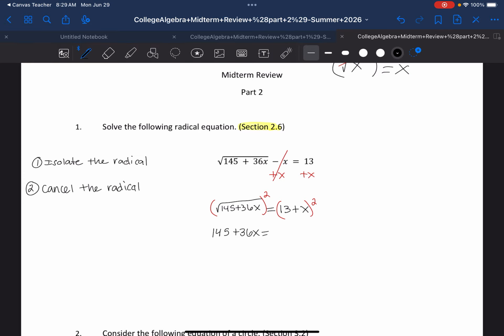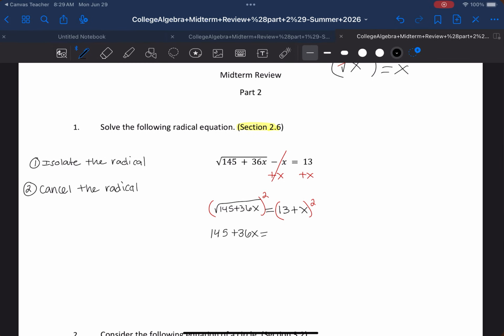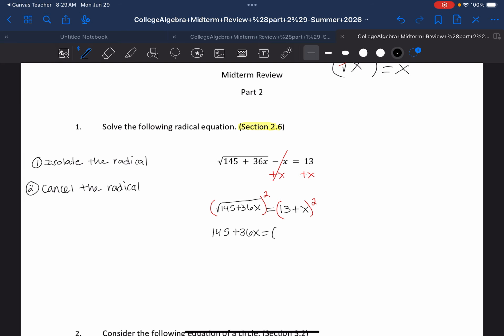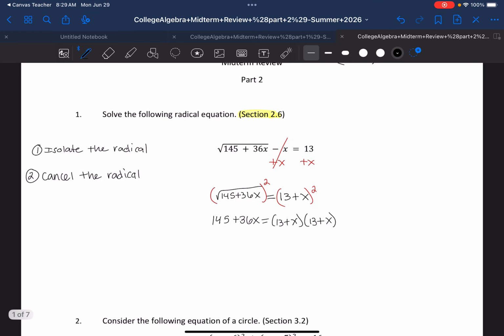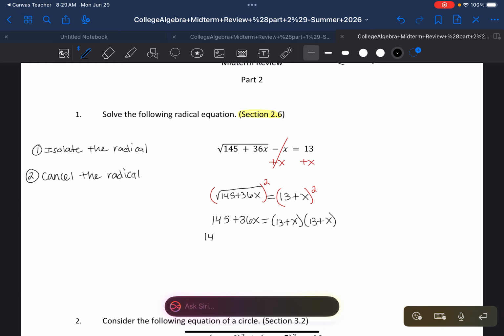And on the right, this is 13 plus x all squared, so I need to FOIL it, because it's the same thing as multiplying 13 plus x by itself. So now I will have to FOIL that right side. So I'm going to bring this down one more time.